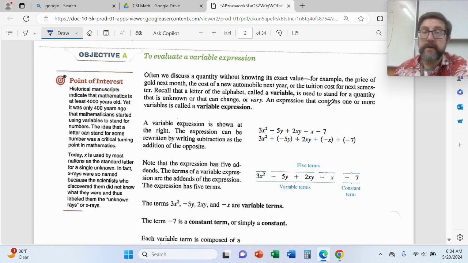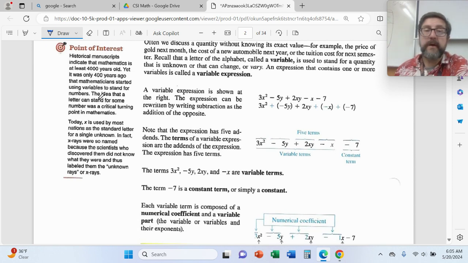The expression that contains one or more variables is called a variable expression. A variable expression is shown at the right.